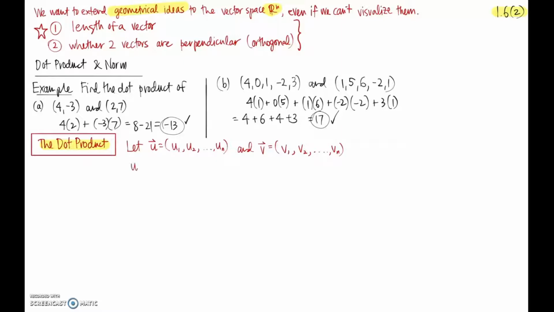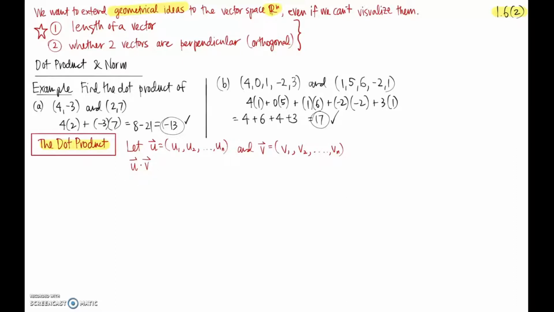And so u dot v, this is how we write the operation dot product. It looks like a multiplication, and it is a certain type of multiplication with vectors, but whenever you see this symbol, it means you're taking the dot product between these two vectors. It's not like a real number multiplication because of the context of what we're talking about.